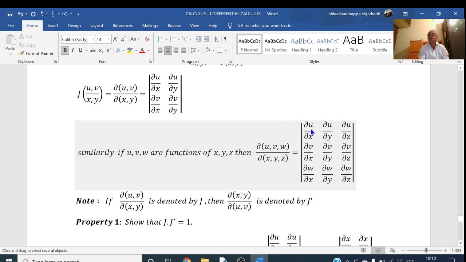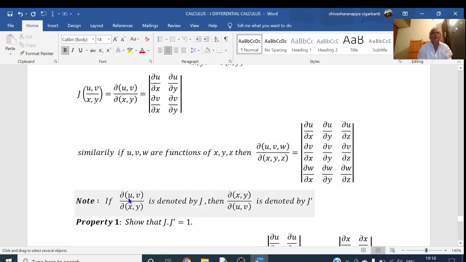That is, first row is ∂u/∂x, ∂u/∂y, ∂u/∂z. Second row is ∂v/∂x, ∂v/∂y, ∂v/∂z. And third row is ∂w/∂x, ∂w/∂y, ∂w/∂z. So this is the definition of the Jacobian.